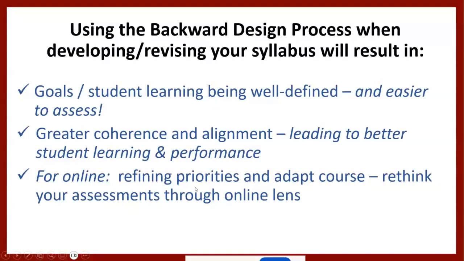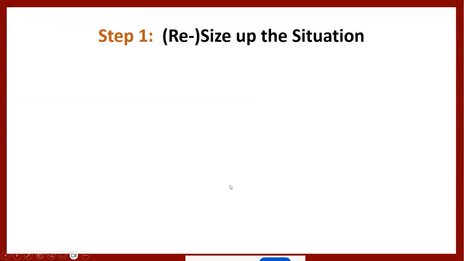And if you're online, it helps you to really think about what your priorities are for your course, maybe rethink your assessments through the online lens, whether you're asynchronous or synchronous or perhaps blended. This helps you to really think through, is the course the way it's structured now working for this particular delivery method?